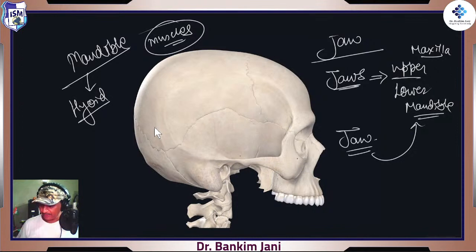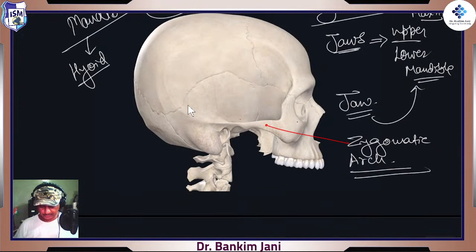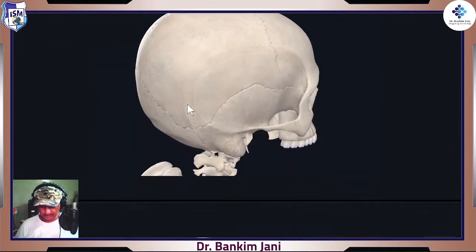The very important thing which we'll be using today is this, the zygomatic arch. So keep a focus on that zygomatic arch, because lots of things will be revolving around this particular part.